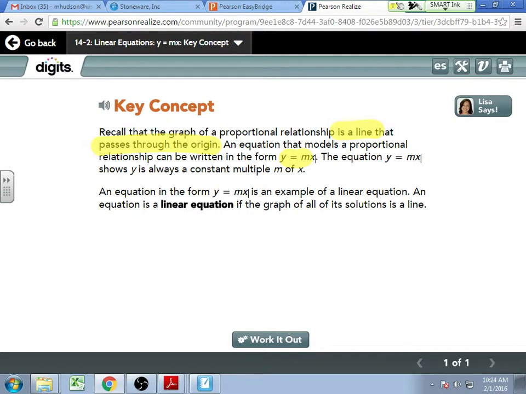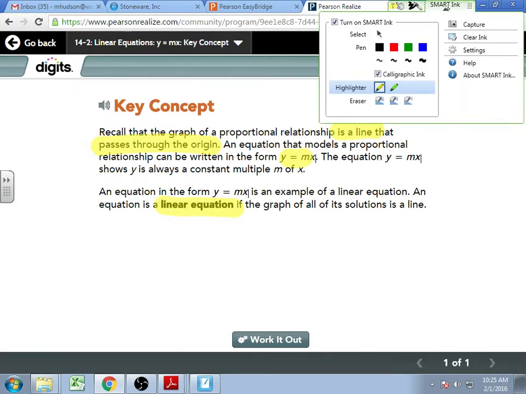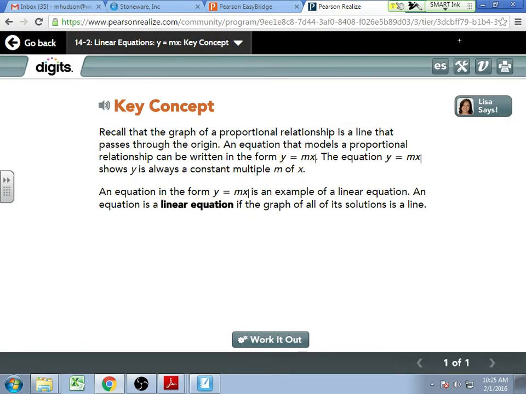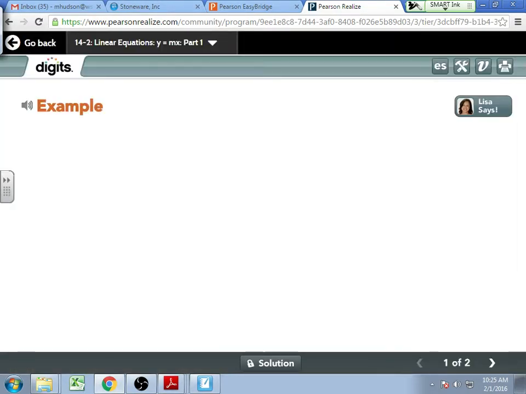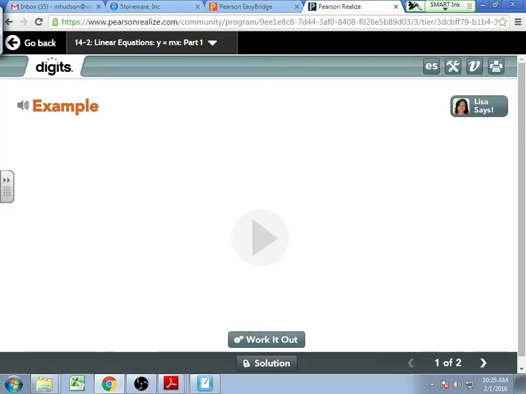What we call these proportional relationship graphs, fancy schmancy name, is linear equation. It's an equation that makes a line. Not that fancy schmancy. I was saying that facetiously. Facetious, sarcastic. It's another way to say sarcasm essentially.